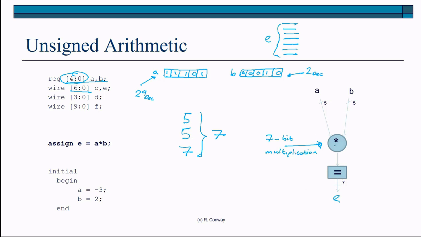And because it's a 7-bit multiplication, we now have to extend our 5-bit operand to 7 bits. And we do that by doing an unsigned extension. And the reason it's unsigned is that our multiplication is an unsigned multiplication.